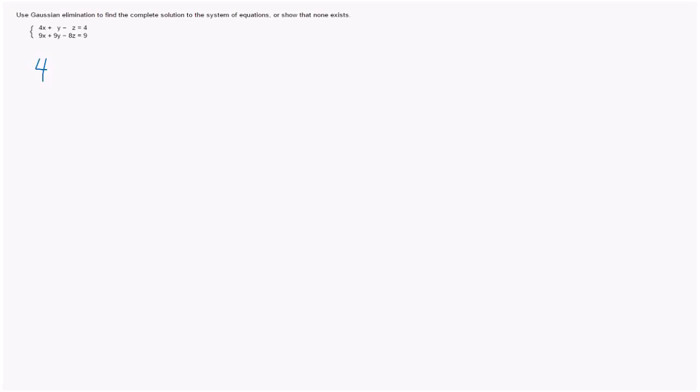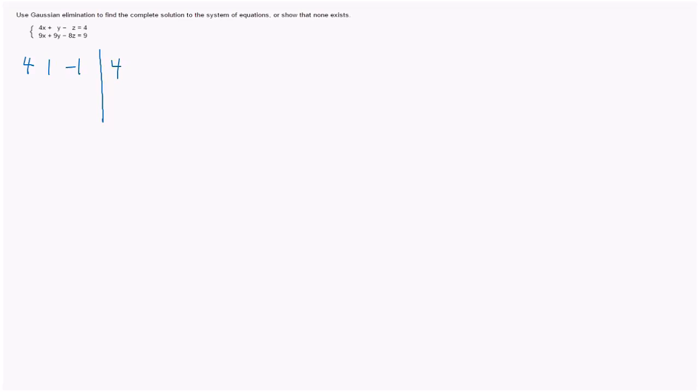That's my coefficient for x. My coefficient for y is positive 1. I'll do it a little bit smaller here. 4, positive 1 for y, negative 1 for z, and is equal to 4.